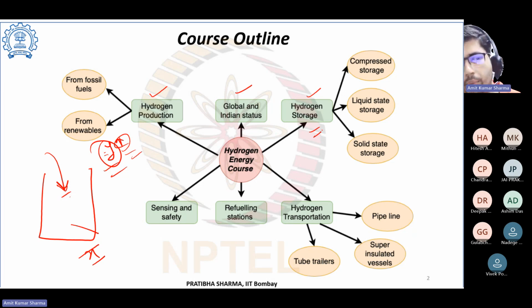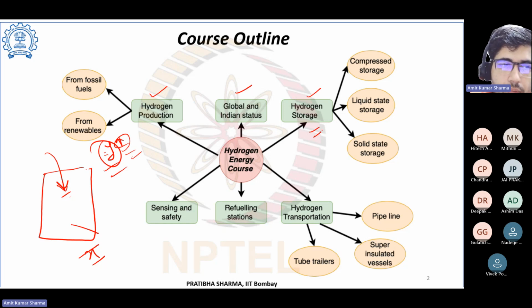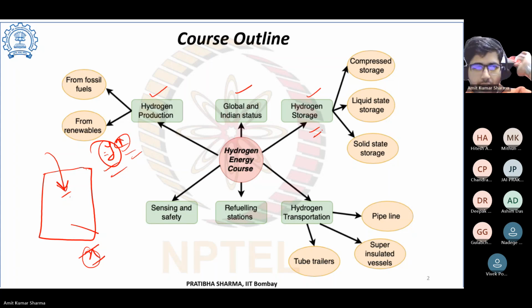Yes, because the volume is fixed, but now you have more Y inside this X volume, so you need to compress it further and further. So the volumetric density is related to these factors: how much more of Y you can have in a fixed X. Similarly, the gravimetric density is the mass basis, while this one is the volume basis.